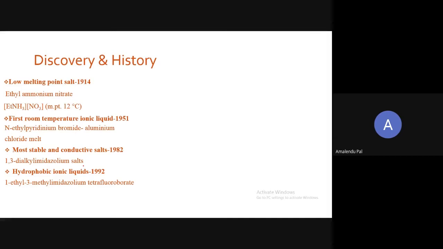But after 1982, for 10 years until 1992, no work with ionic liquids. Practically, the first hydrophobic ionic liquid came in 1992, the 1-ethyl-3-methylimidazolium tetrafluoroborate. After that long gap, again around 2000 or 2001, people thought about ionic liquids.